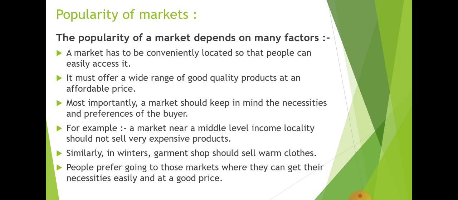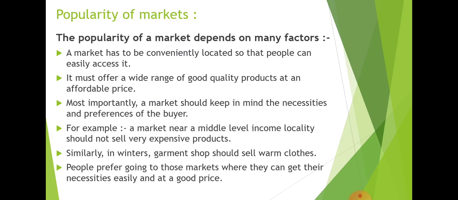Now the popularity of market. The popularity of a market depends upon many factors, such as the market has to be conveniently located so that people can easily access it. Suppose a market is very far from a place, how will the people go? So the market should be near, so that people can go easily.